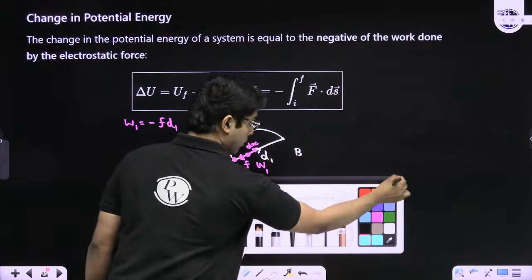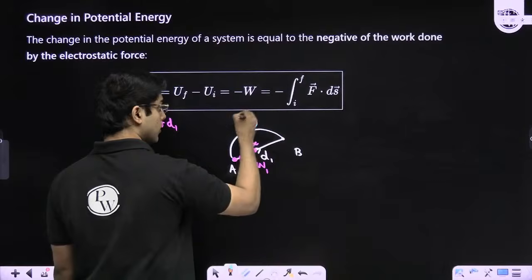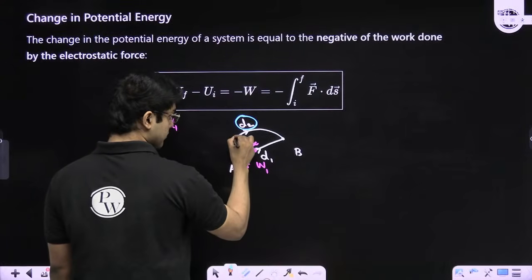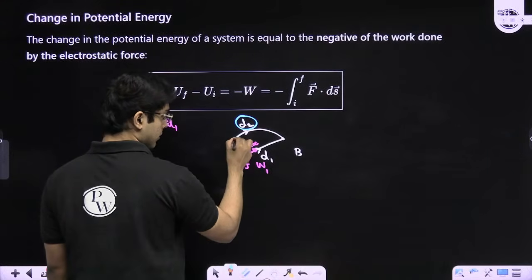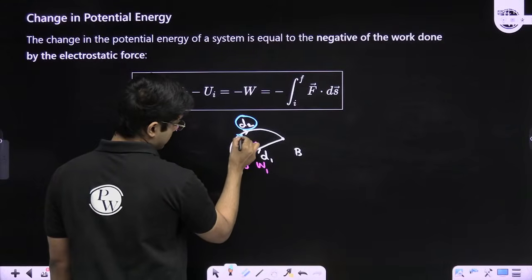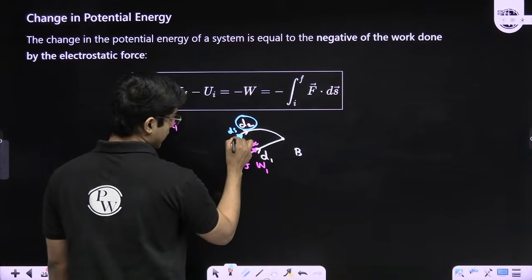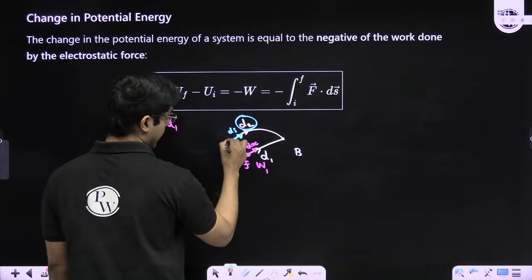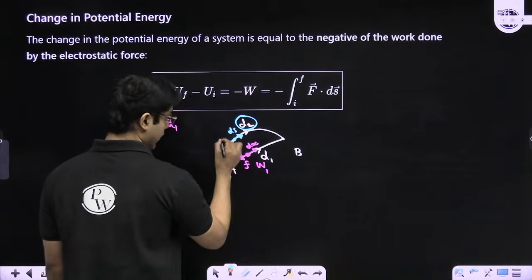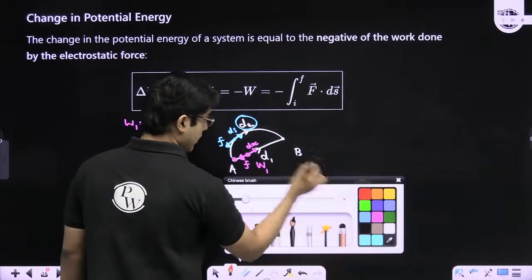But when we talk about this curved path, and its distance is d2, here let's say at some intermediate point, the particle is over here. Here if you're trying to move it in this direction, let's call it ds displacement. Here the friction force will be exactly opposite to the displacement.